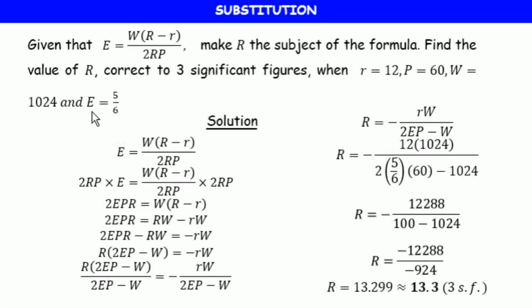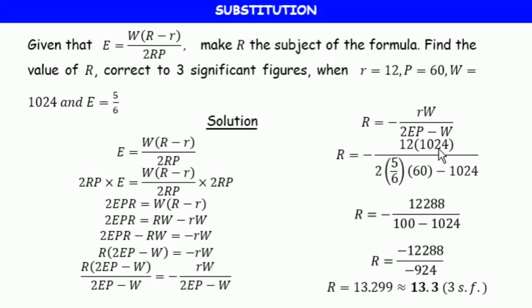And wherever we see E, we replace it with 5 over 6. So R is equal to negative 12 times 1024 all over 2 times 5 over 6 times 60, minus 1024.